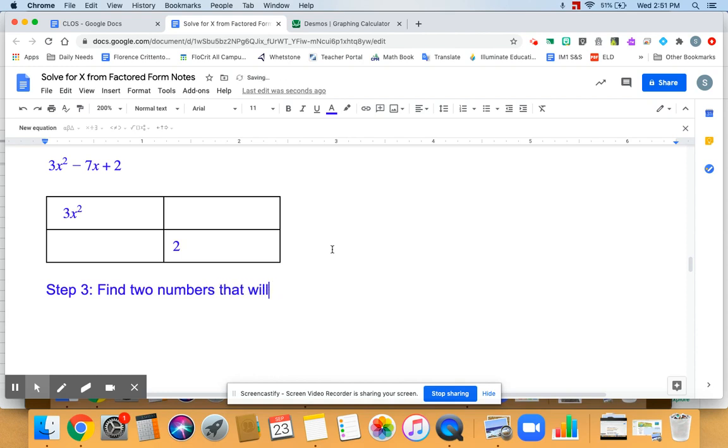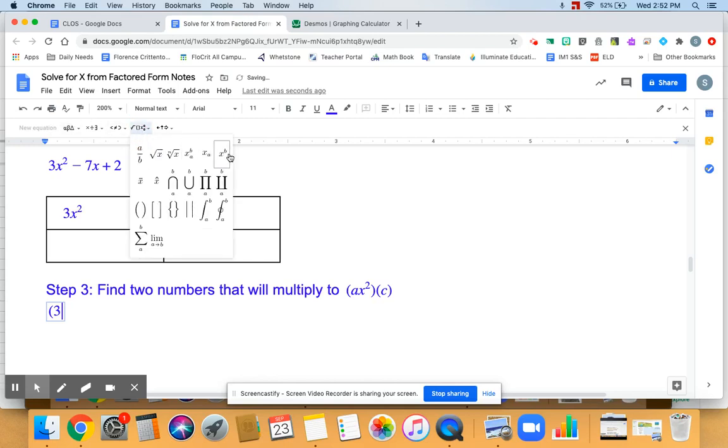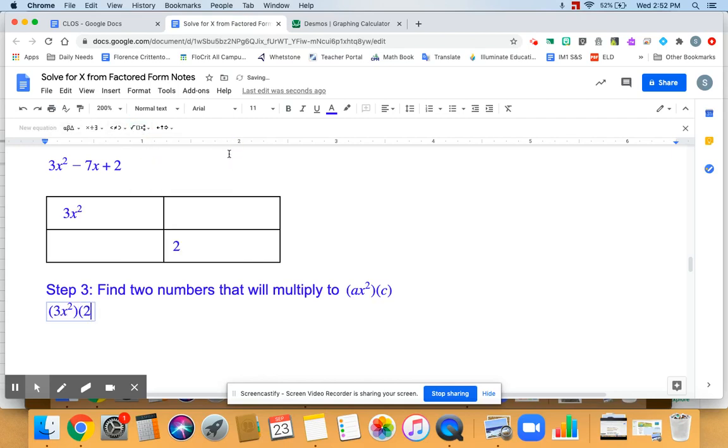Step 3 is to find 2 numbers that will multiply ax squared times c. So whatever these 2 multiply to, the 3x squared times the 2, in this case, 3x squared times 2 equals 6x squared.